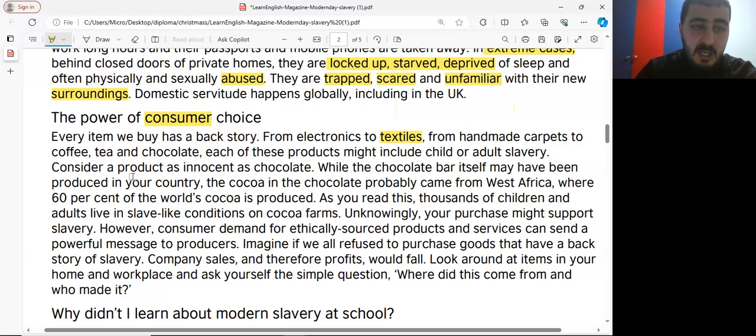Unfortunately. Consider a product as innocent as chocolate.